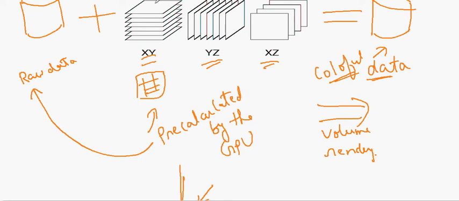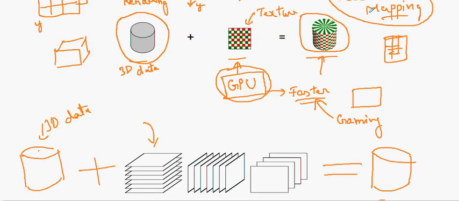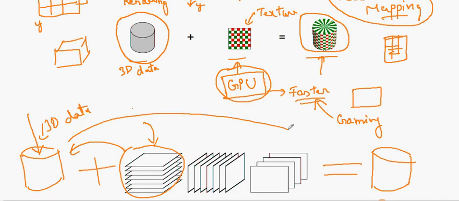If I am seeing from the top of the data, if I want to see the data in this view line, then this texture map is mapped using interpolation, and the data is shown. If I am seeing in this direction, then this texture map is mapped to this data, and it is shown.